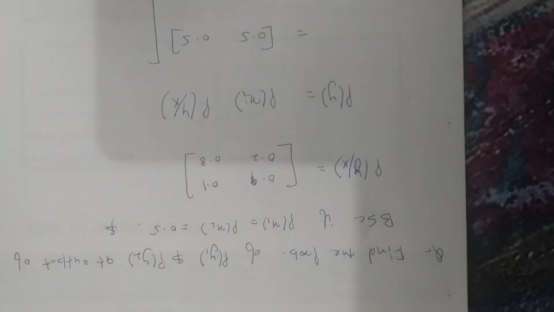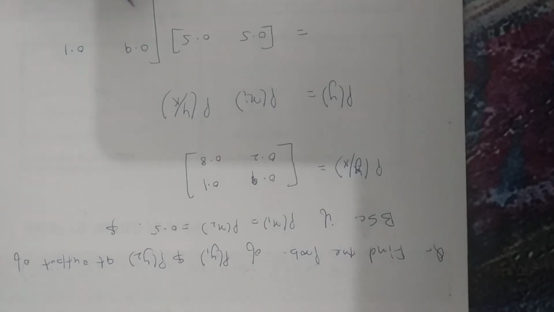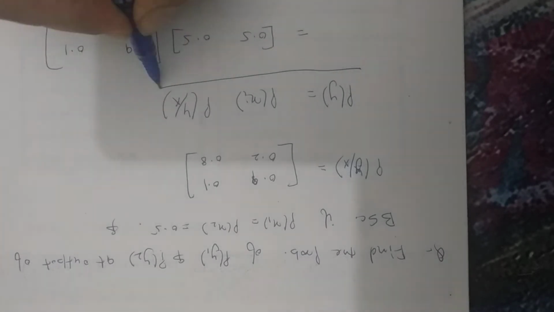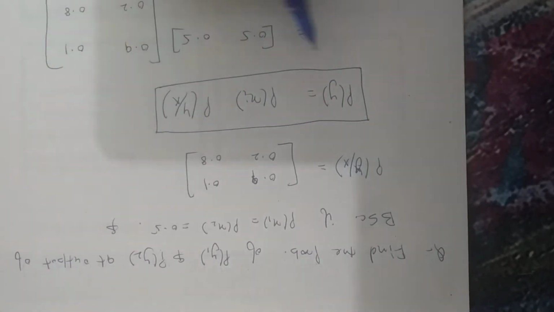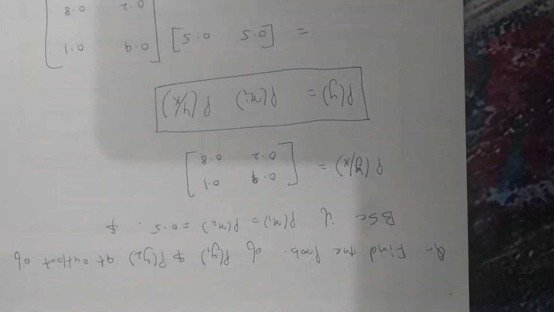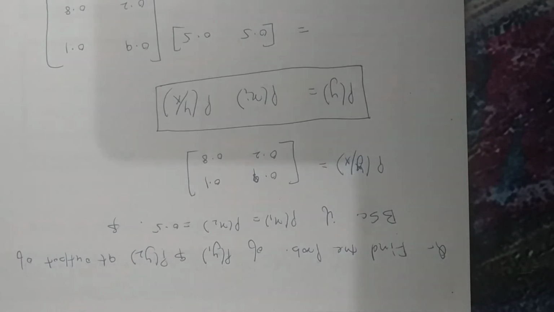So the input probability matrix is this, and the channel matrix is 0.9, 0.1, 0.2, 0.8. This is the main formula that we have to remember: the probability of getting output is equal to P(xi) into P(yj upon xi).